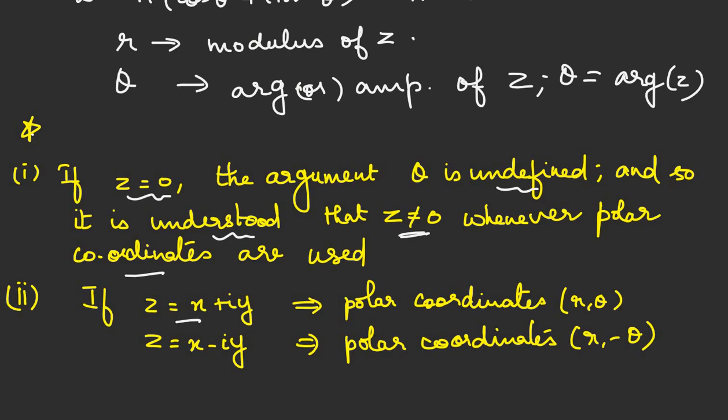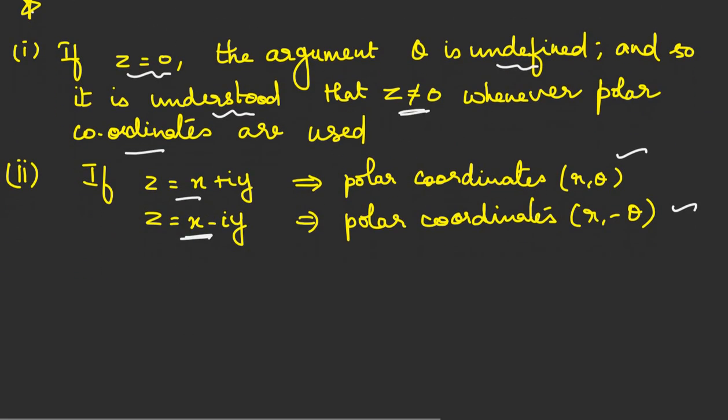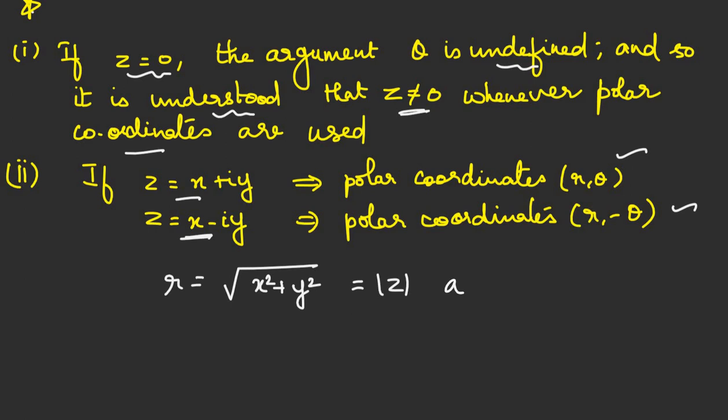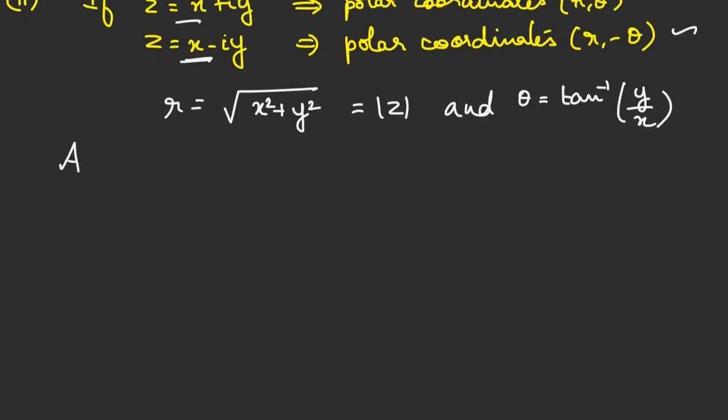If z is equal to x plus iy, the polar coordinates are given as r comma theta, and for z is equal to x minus iy, polar coordinates are r comma minus theta, where r is equal to the modulus value, that is root of x square plus y square, that is modulus of z, and theta will be equal to tan inverse of y by x. And we know that minus pi is less than argument of z less than or equal to pi.